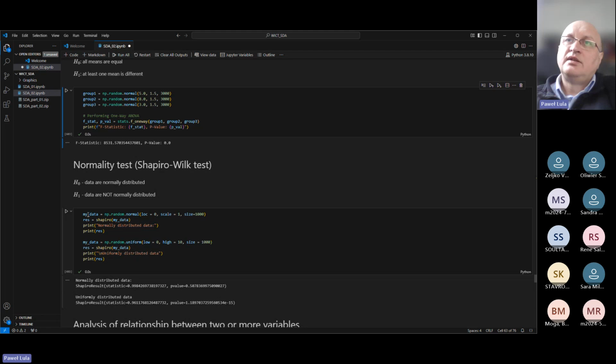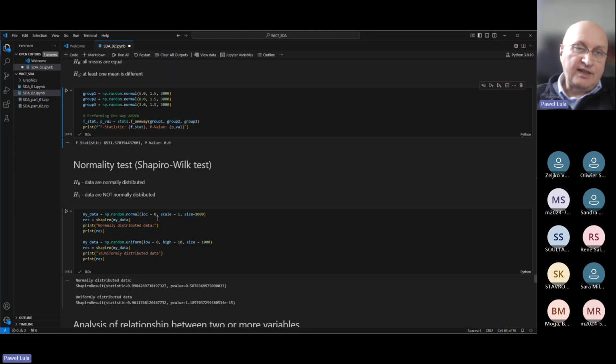We have data. Here, this data was generated randomly. So also, we should think about this data as a random sample. We can imagine that we have a population. In this population, we have a lot of data. It is not possible to check every element from this population.